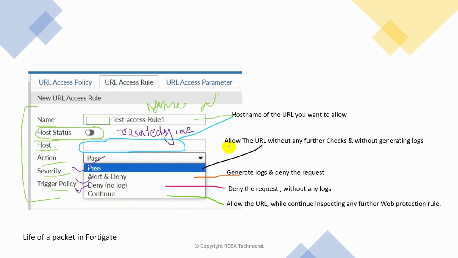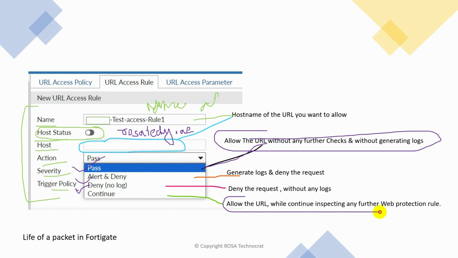I'm sorry, I just said the opposite before. Pass is allow the URL without any further checks and without generating logs, while continue is allow the URL while continuing to inspect any further web protection profile.